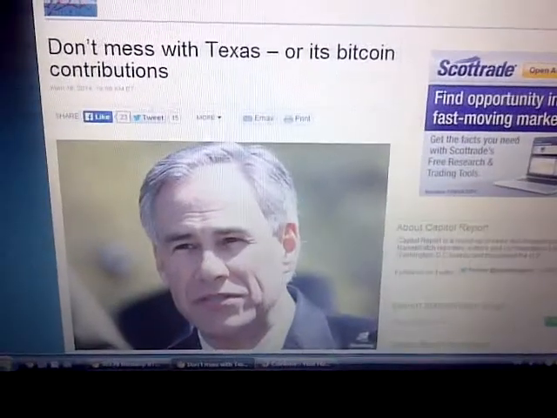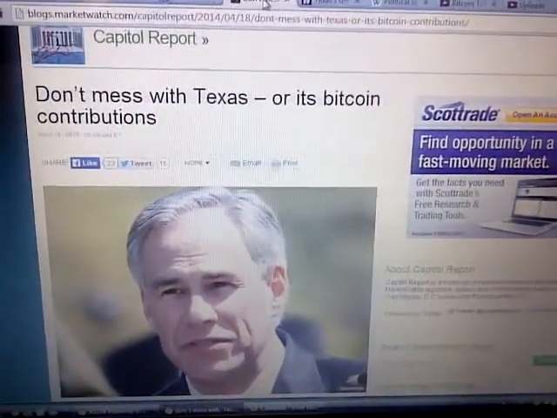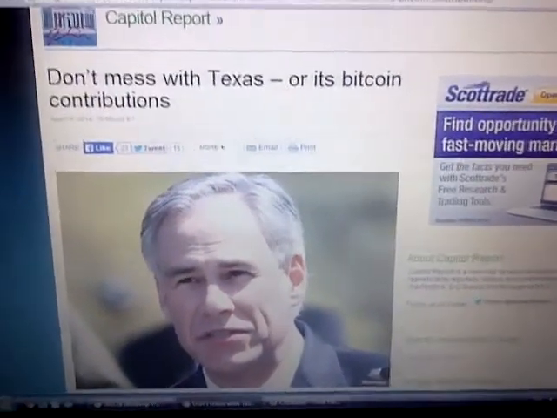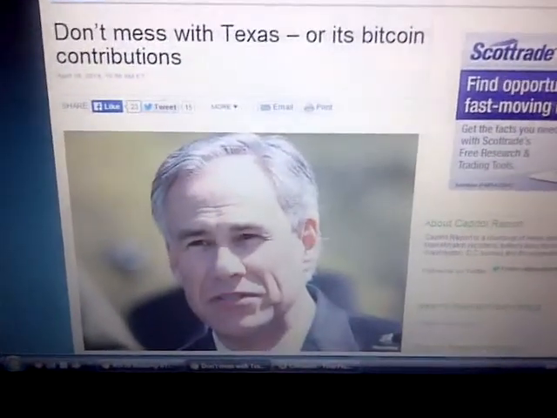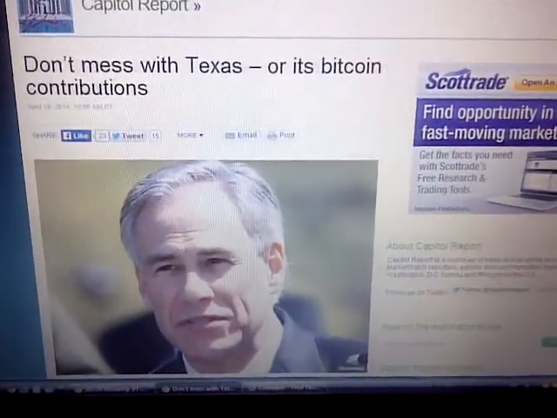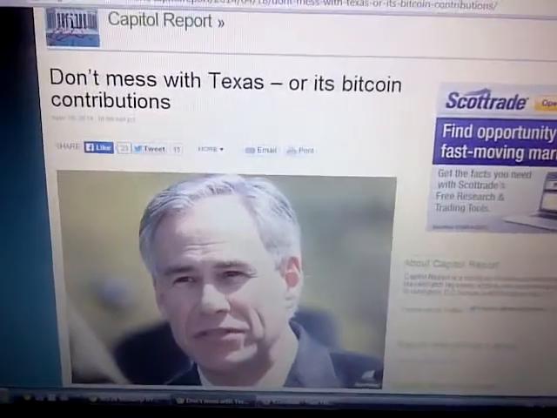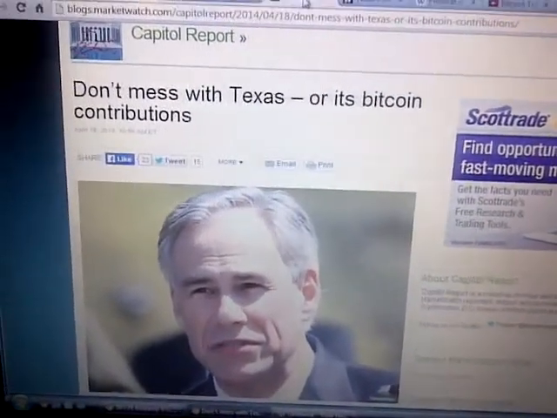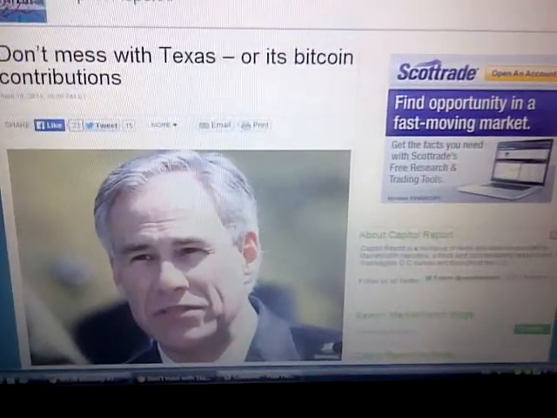And I know I talked about this before. I just want to elaborate a little bit more because I feel powerless in a lot of ways when it comes to Bitcoin.